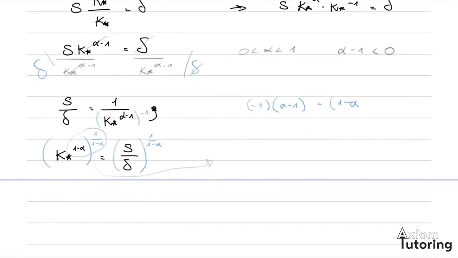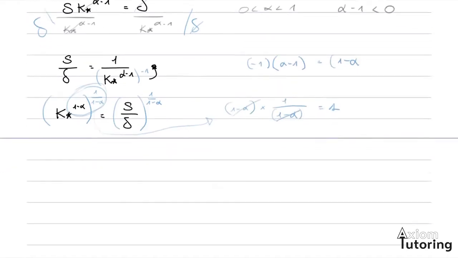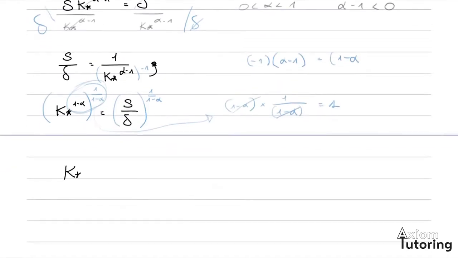The reason why we do that is because we know that if we elevate something to another power, the two powers get multiplied together. So if we do 1 minus alpha times 1 over 1 minus alpha, this is going to simplify out, and it's going to give us 1. So that on the left-hand side, we are left with the simple K star, which is going to equal the savings rate over the depreciation rate, everything to the power of 1 over 1 minus alpha.